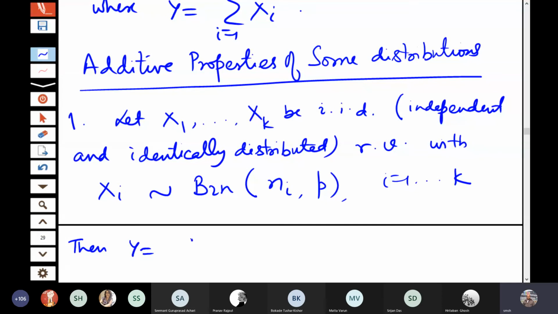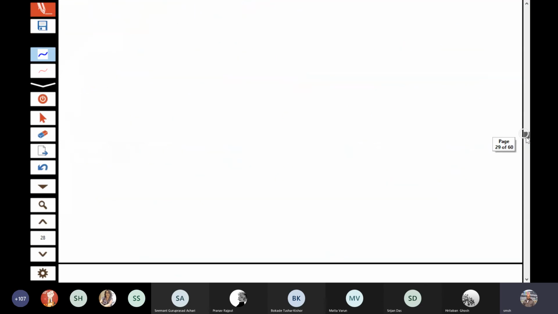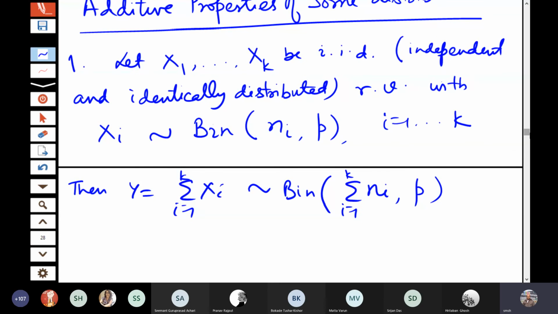Then Y equal to sigma Xi will follow binomial again with some added n and p. That means the binomial distribution is additive if the probability p is constant.